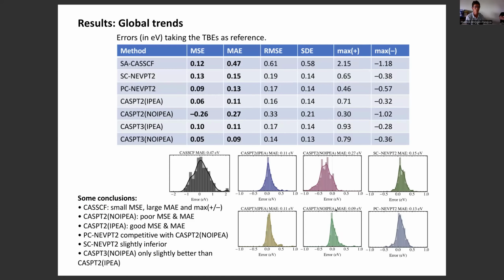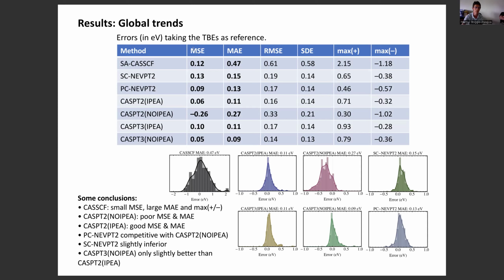Okay, I'm going to show you now the results. I'm not going to obviously talk about each molecule individually, which would be far too long and boring. So I'm going to show you global trends for the error distribution for all these theoretical levels. Here I report in this table the errors for the various levels of theory.